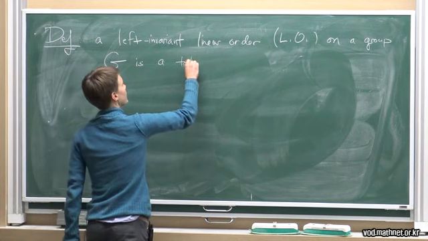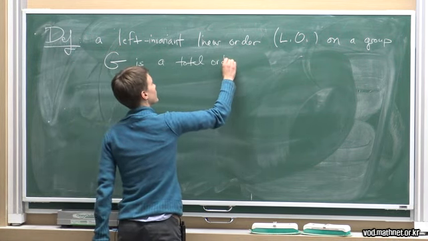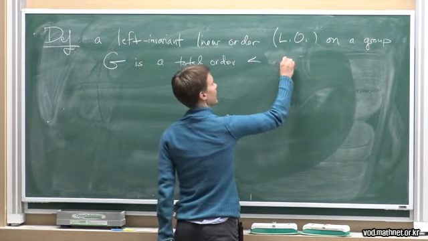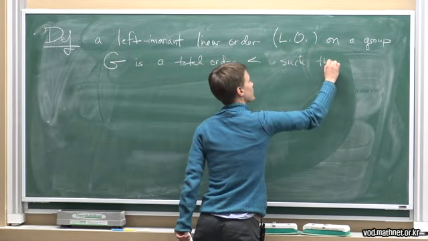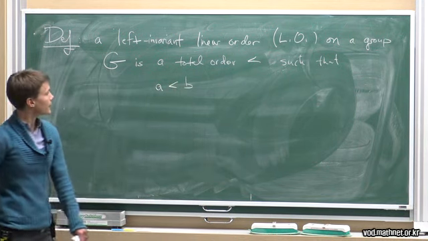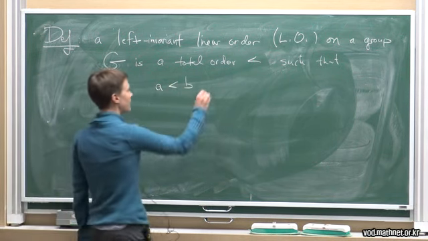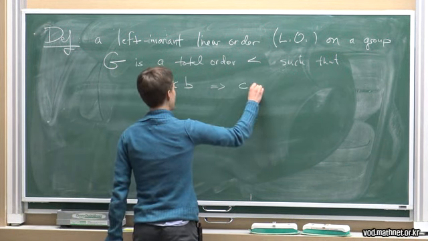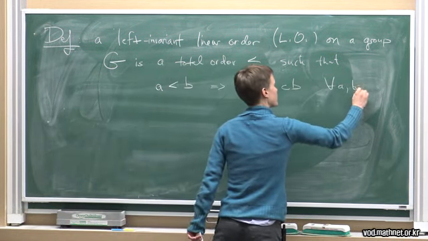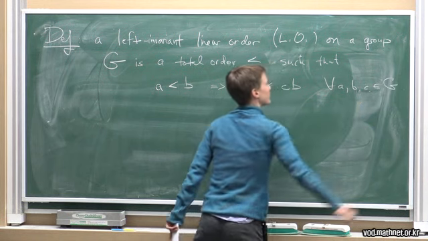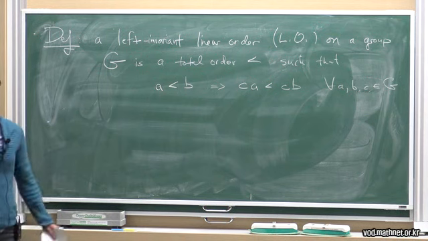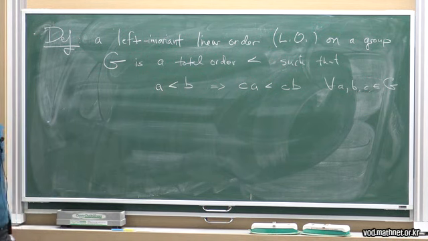It's a total order that's invariant under left multiplication. So such that if I have a less than b, elements in my group, and c is another element of my group, if I left multiply, I preserve the inequality. Okay, so this is just an abstract algebraic condition you can put on a group.